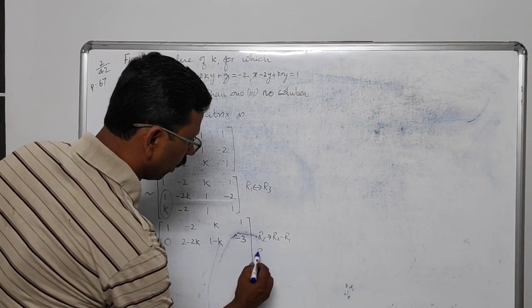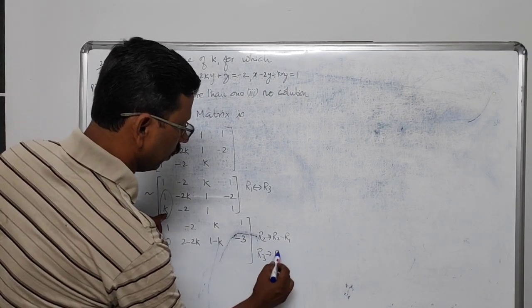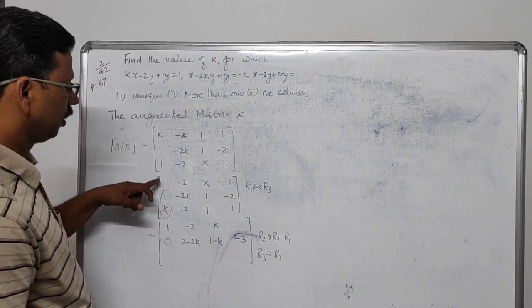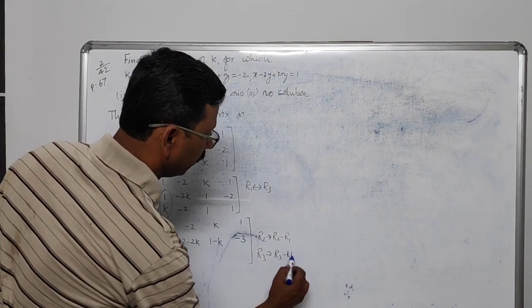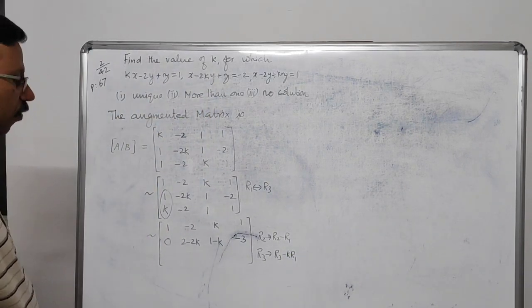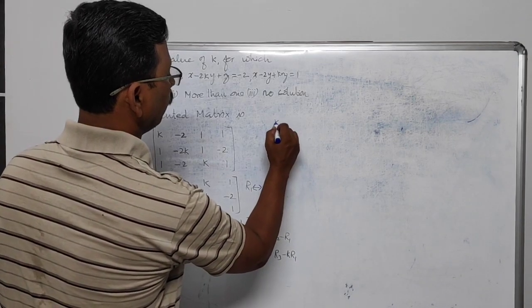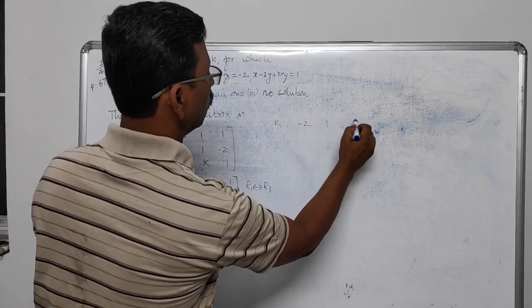Then you can go for R3. R3 gives R3 minus K times R1. In a rough way, you write the third row first, that is K, then minus 2, then 1, 1.